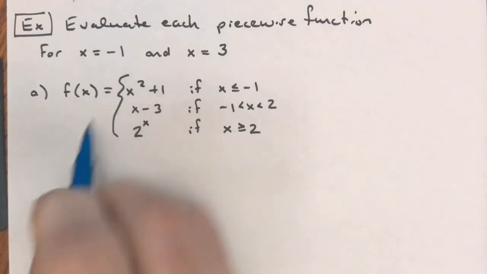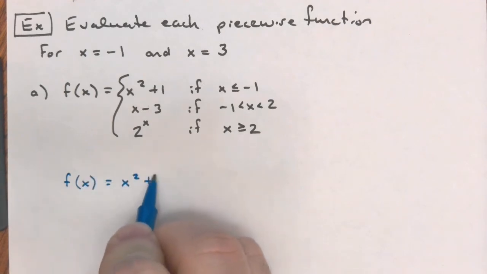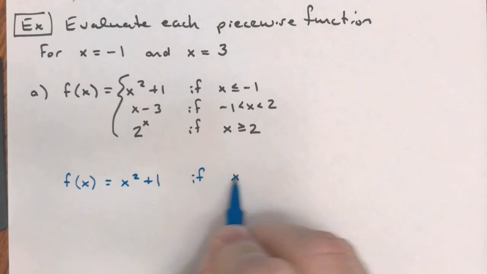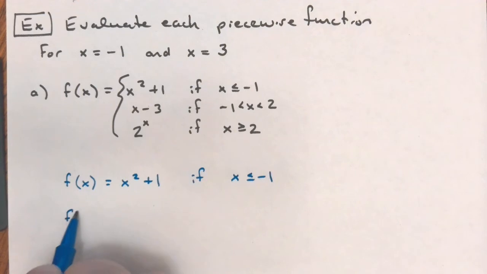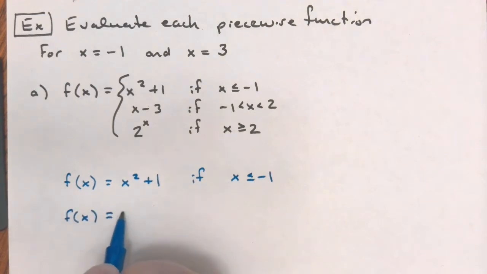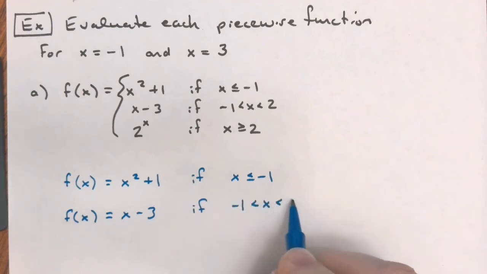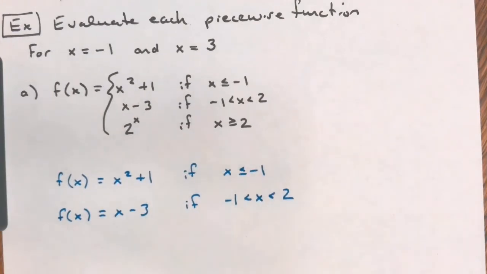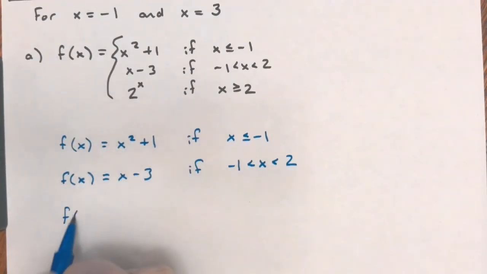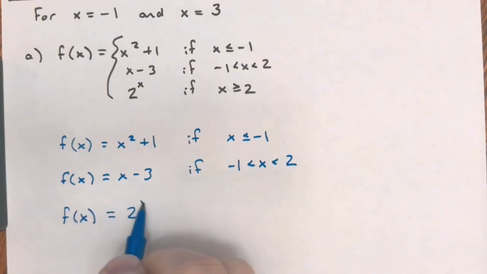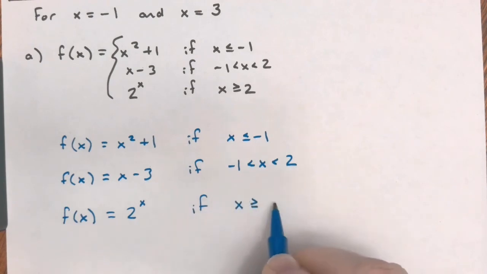So what the f of x equals with the bracket really means is that f of x could be x squared plus 1 if x is less than or equal to negative 1, like that top line, or f of x is equal to x minus 3, but that only happens if negative 1 is less than x is less than 2, or in other words, x is between negative 1 and 2, or f of x is equal to the last function, which is 2 to the x power, and that happens if x is greater than or equal to 2.